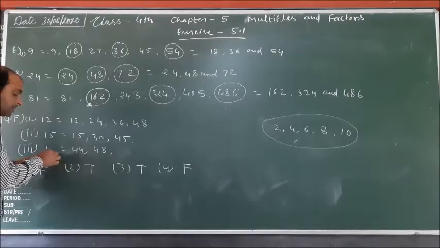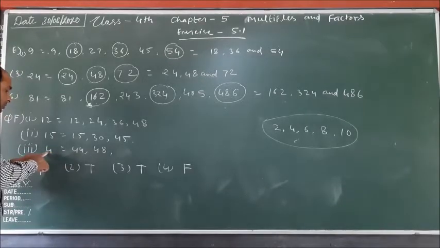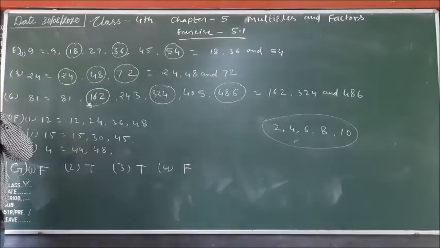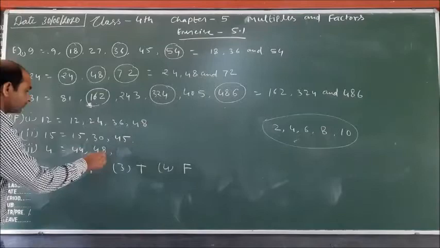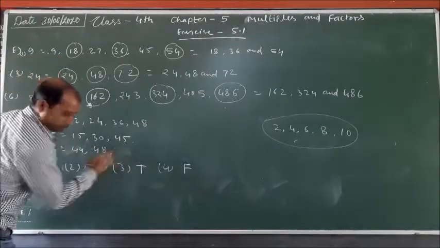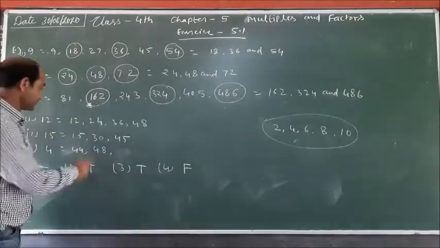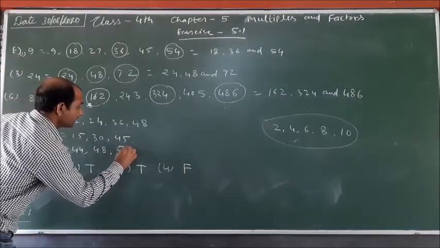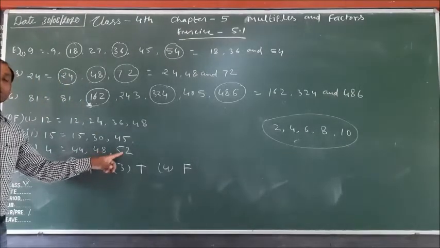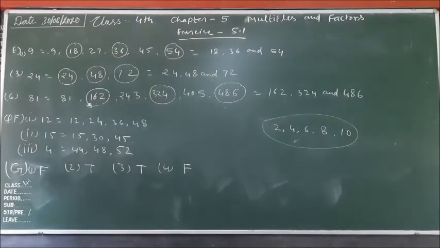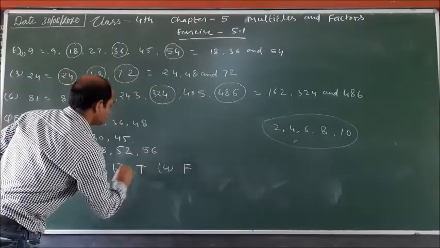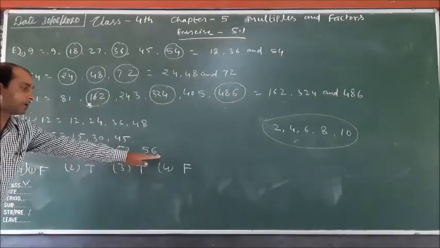So we write 11 multiplied by 4 equals 44 and 12 multiplied by 4 equals 48, and less than 60. The third multiple is 52. So 44, 48, and the third multiple is 52, and the fourth multiple is 56.